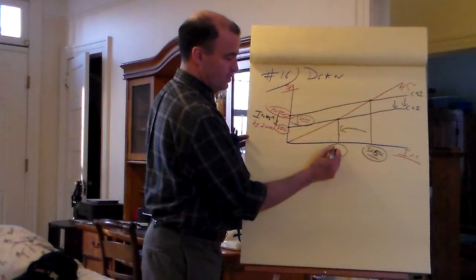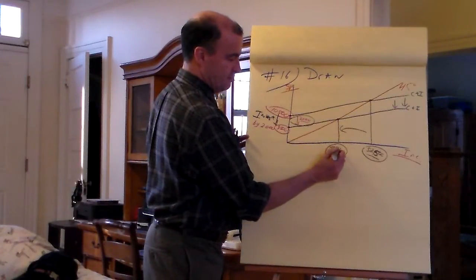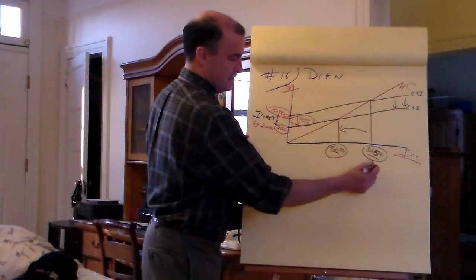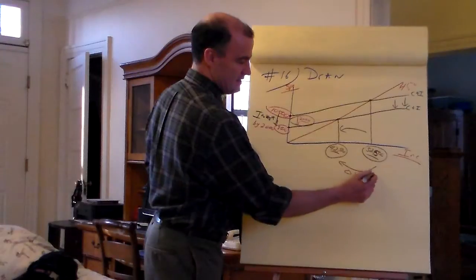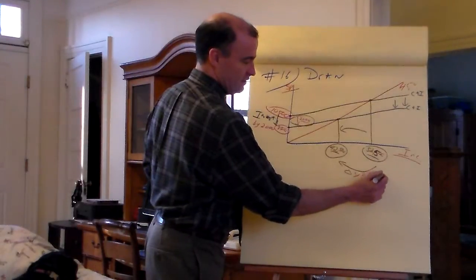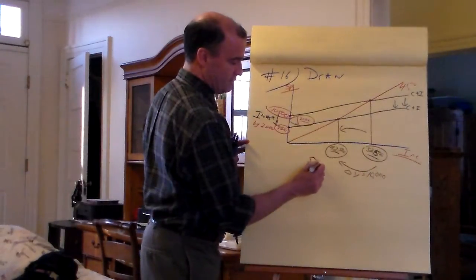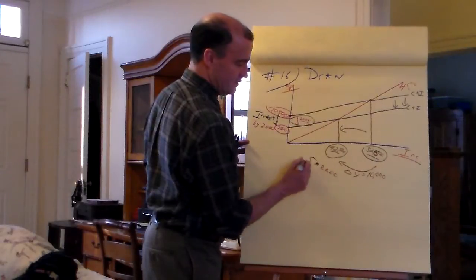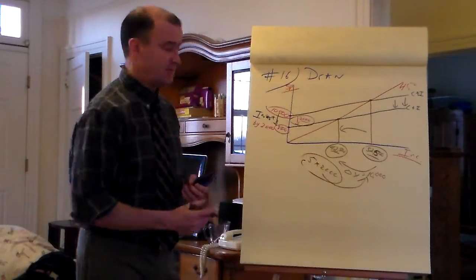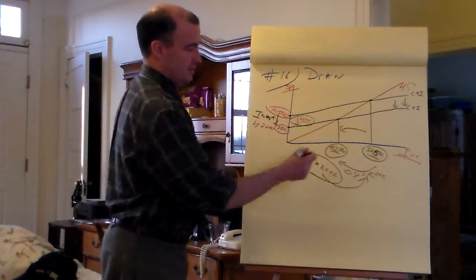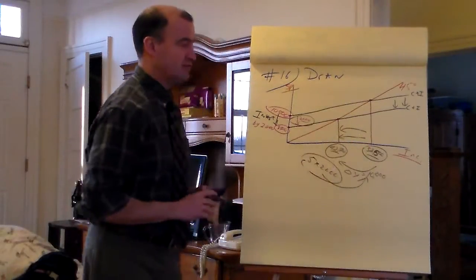We calculated 42,500. Yes, the change in income is 10,000. 5 times 2,000. Is that 10,000? It's a negative 10,000. It's a fall in income. The economy's in recession.